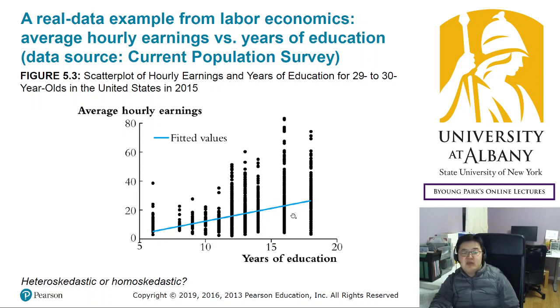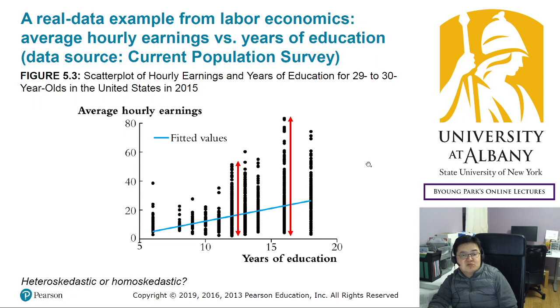Otherwise, there are many people who do not use their college education at all on their job, right? So if you think about that kind of mechanism, it's not that weird. So having heteroscedasticity is a little more natural in many examples like that.